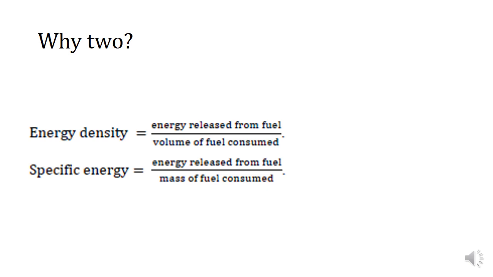So there are two different formulae for how we can calculate the quantity of energy. So we have energy per volume. So this is going to be in cm3 or dm3.